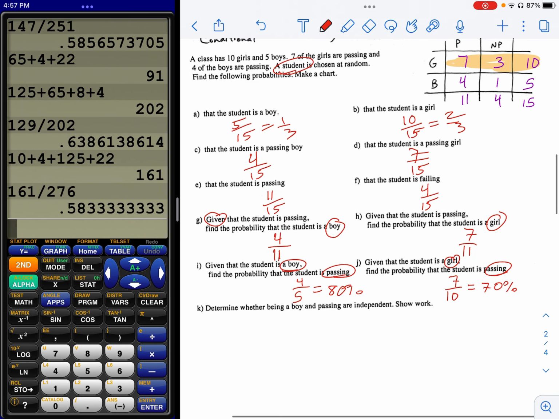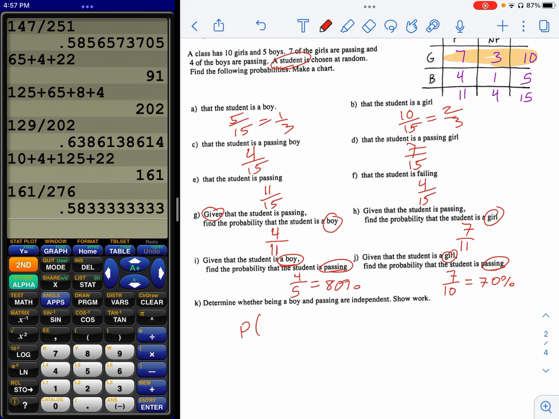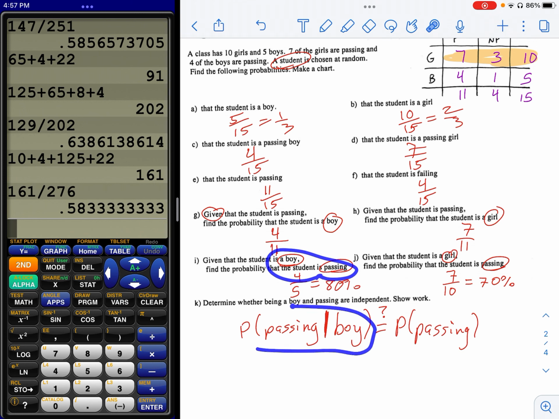Okay, determine whether being a boy and passing are independent. So is the probability of passing, given that the student is a boy, the same as if it was just any student? That's the question. We already have this right here. Probability they're passing given it's a boy.